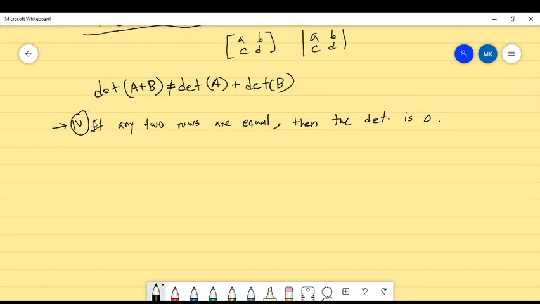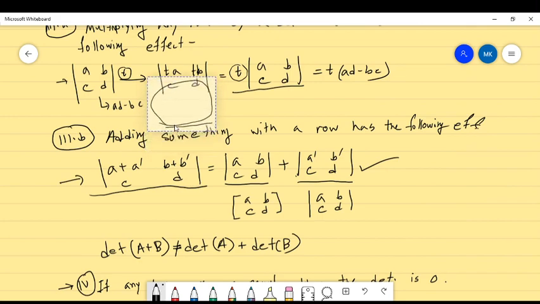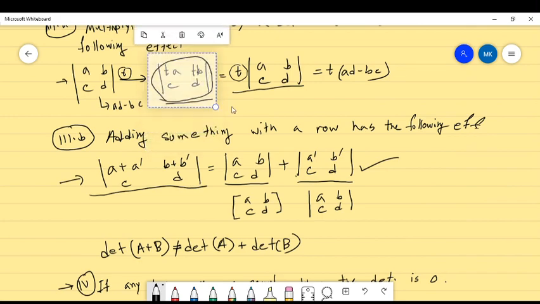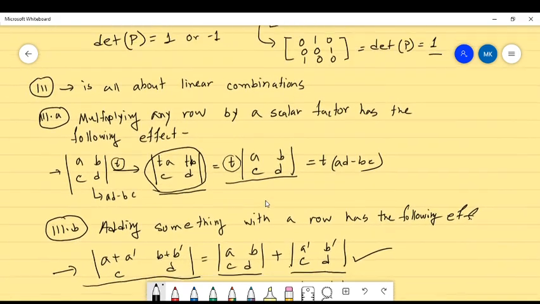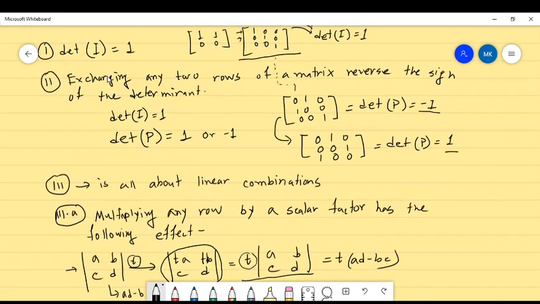What was property 2? Our property 2 was that exchanging any two rows of a matrix reverses the sign of the determinant, right?